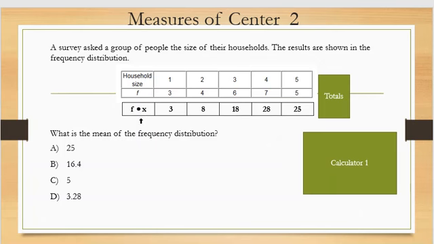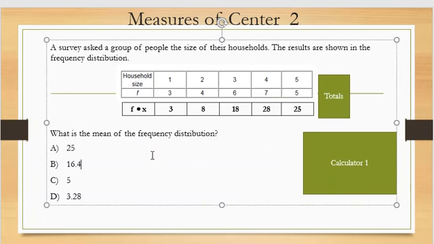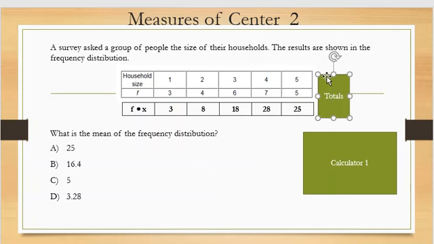So I'm going to extend the table, and what we're going to do is take F times X. And it's not here on this, but the household size is going to be your X value. So all I did was multiply 1 times 3 is 3, 2 times 4 is 8, and so on, and got all those. After you've done that, you're going to get the totals.